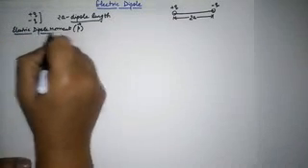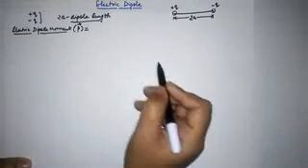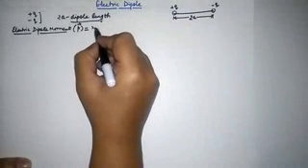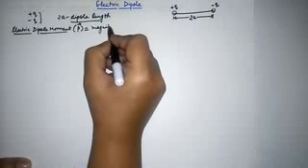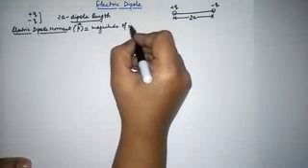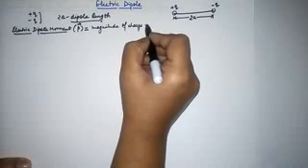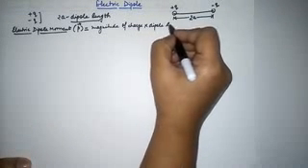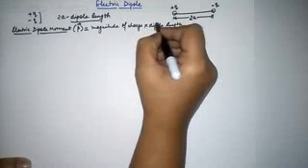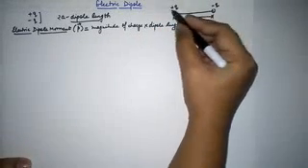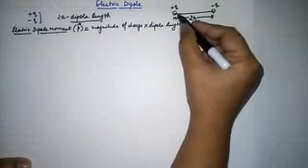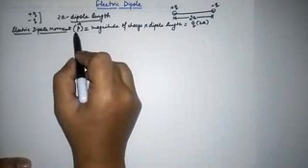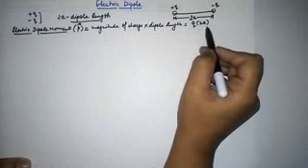Electric dipole moment is equal to the product of the magnitude of charge and this dipole length. What is the magnitude of charge? Q. And what is this dipole length? 2a. So dipole moment is equal to Q into 2a.